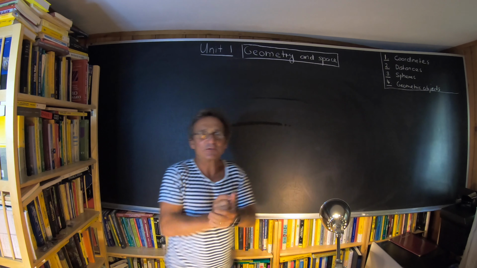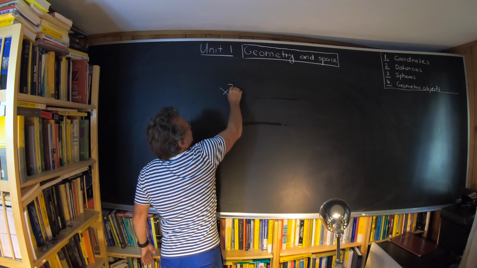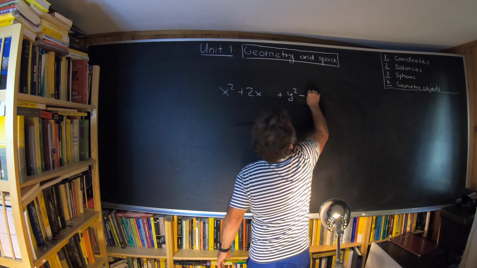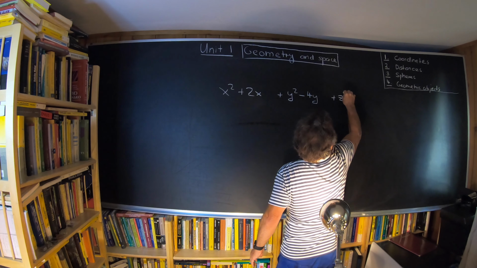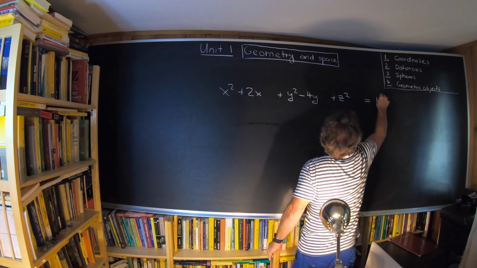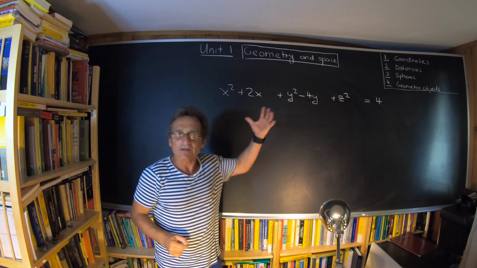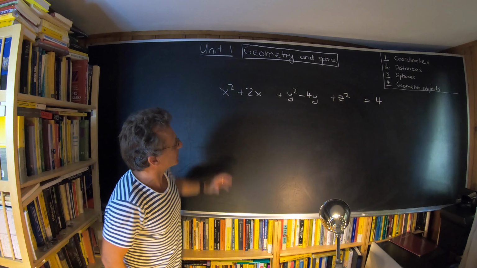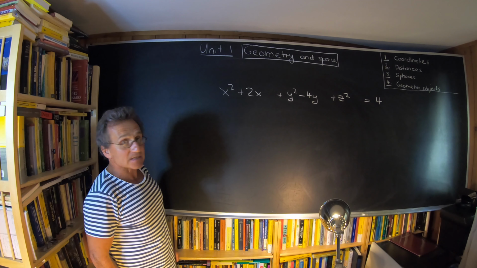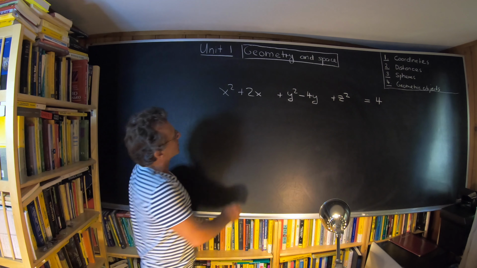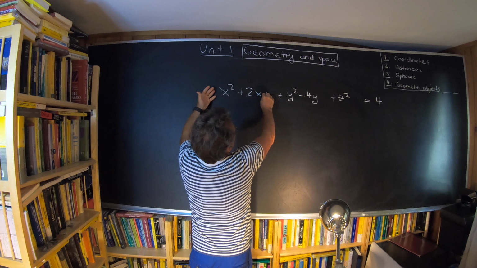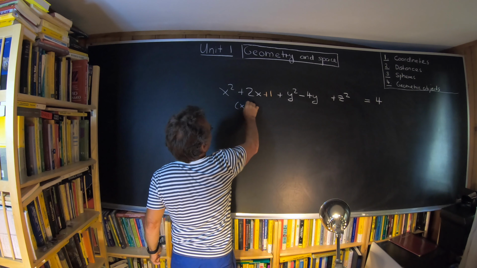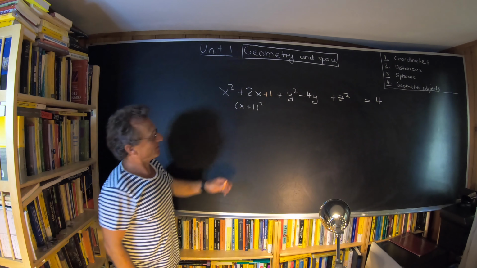Let's look at the following problem. What does this object here represent? I can tell you it's a sphere, but how do we figure this out? Here the completion of the square comes in. We want to complete it so that we can see it as a square. So we have here x plus 1 squared.